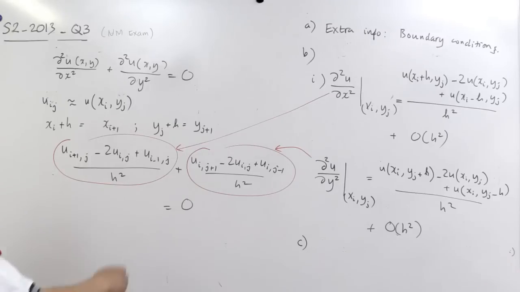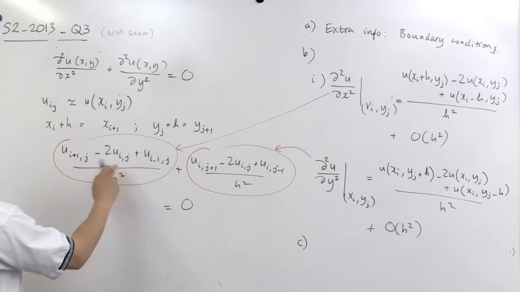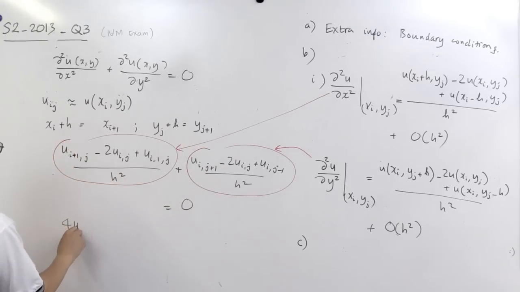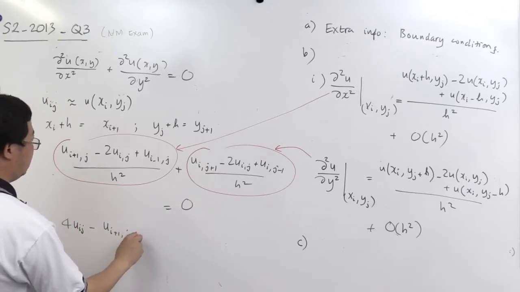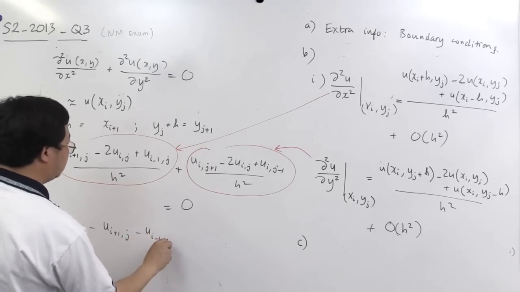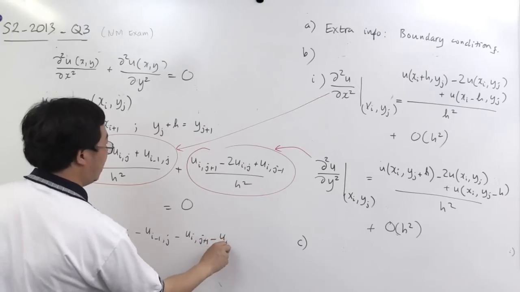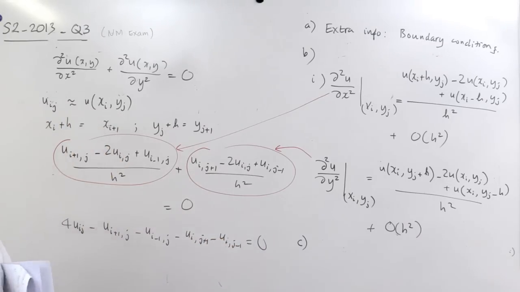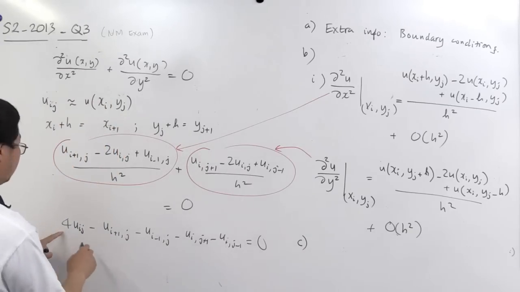And then you just rearrange it and change the sign from minus to plus, then you get 4 uij minus ui plus 1 j minus ui minus 1 j minus ui j plus 1 minus ui j minus 1 equals 0. So this is the form in the question, and so beta has to be equal to 4.